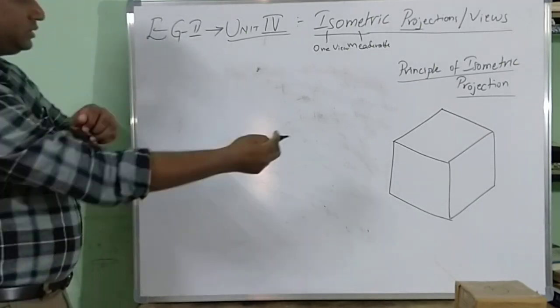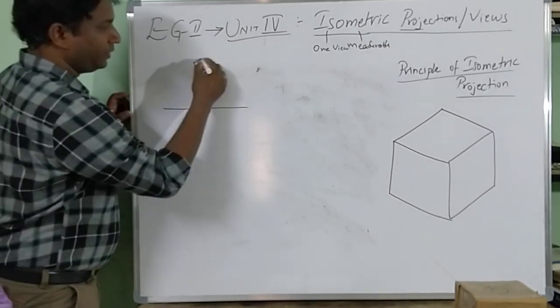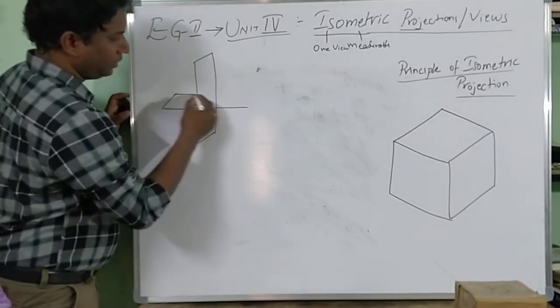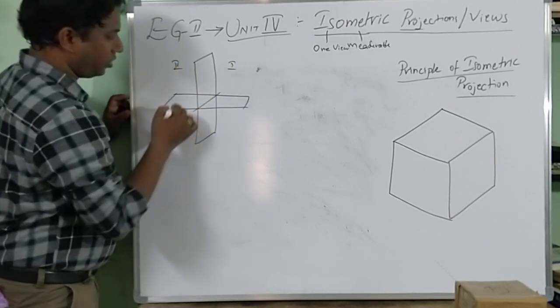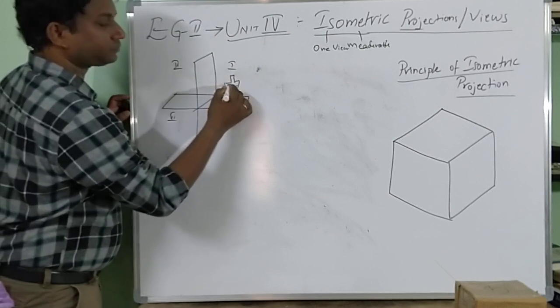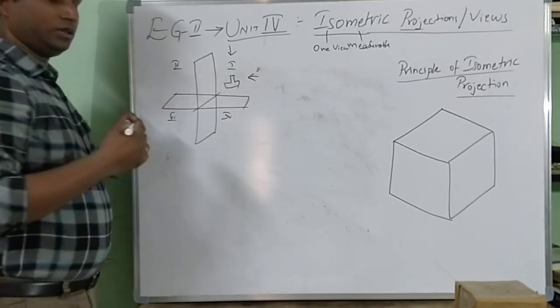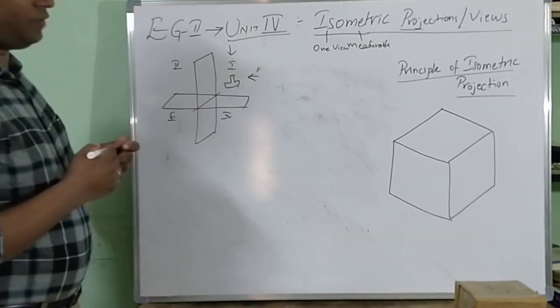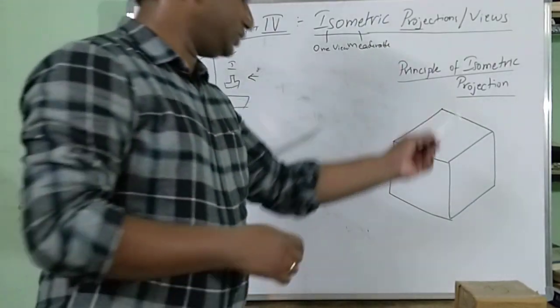I hope you all remember this: X-axis, Y-axis, vertical plane, horizontal plane, XY line, first, second, third and fourth quadrants, object here, front view, top view. This was the principle of orthographic projection. In the same way, we have the principle of isometric projection.